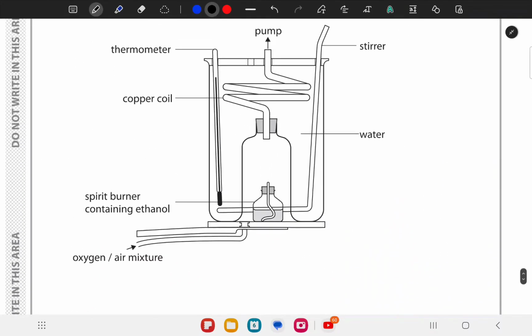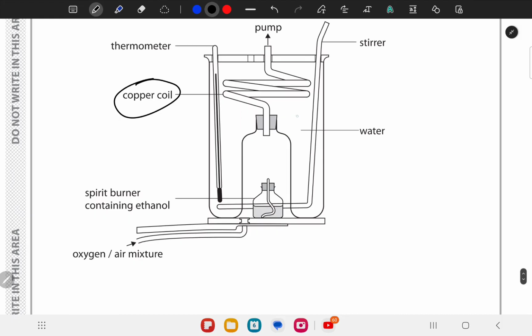Now what's different with this is, instead of having a different beaker, we have this copper coil running through. The copper coil running through the water heats the water up. So basically the spirit burner and ethanol heats this up.